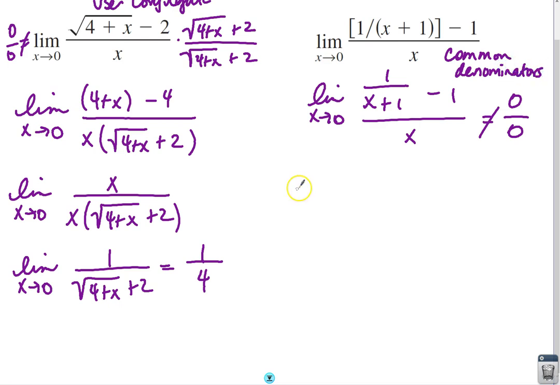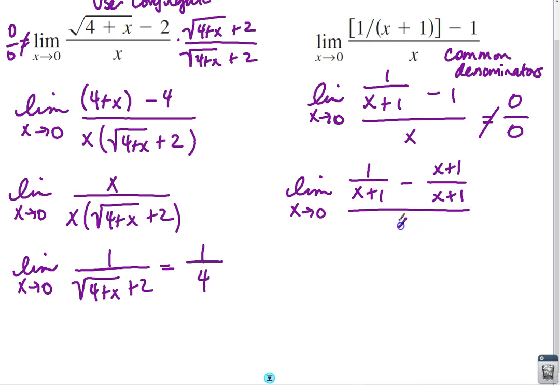So you're going to have the limit as x approaches 0 of 1 over x plus 1 minus 1 over x plus 1, all over x. Let's see if we can combine the top here. 1 minus 1 is just 0, so then minus x. So I have negative x over x plus 1, all over x.